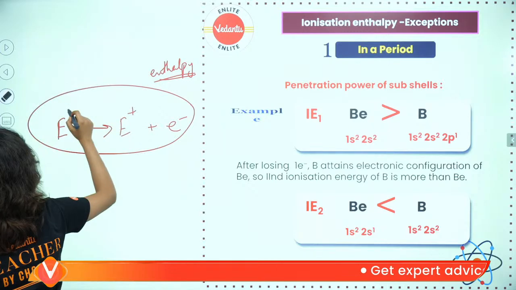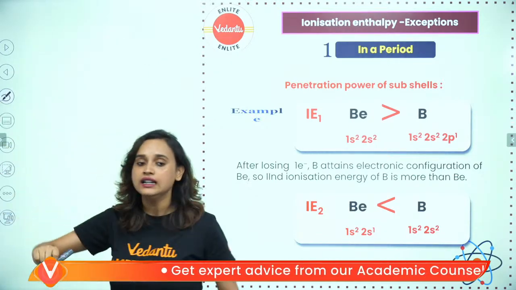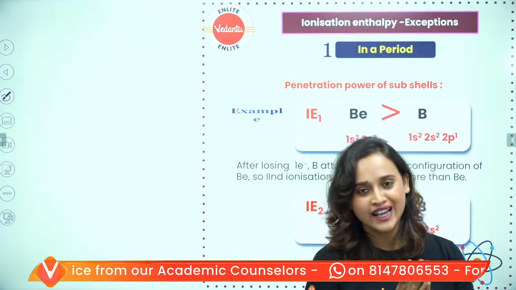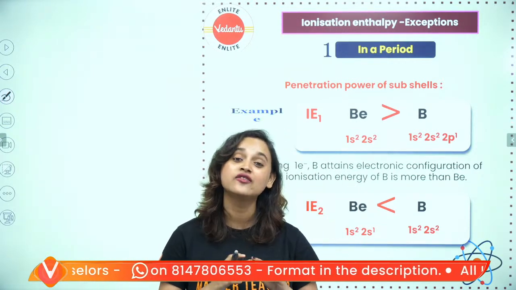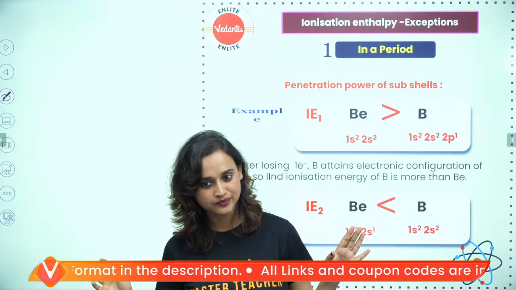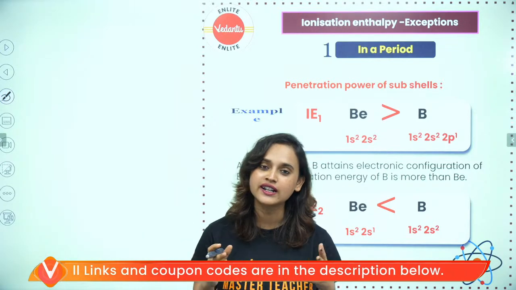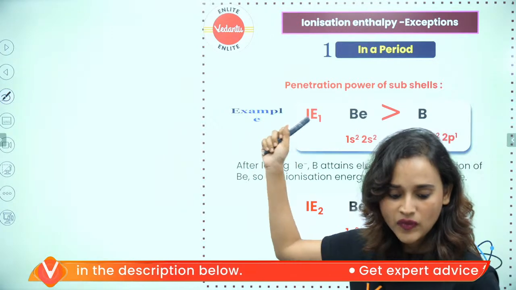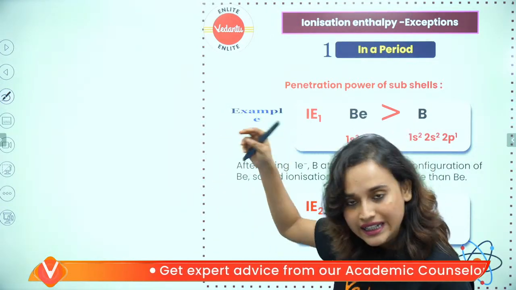Let me remove all of these, and now let's understand the general trend of ionization enthalpy. Going back to yesterday, what did I tell you? That shielding effect is the godfather of all the periodic properties. Related to shielding effect was effective nuclear charge. In a period, effective nuclear charge increases.